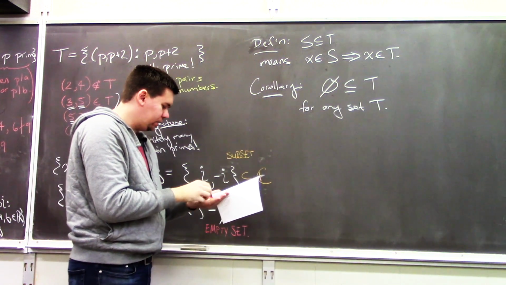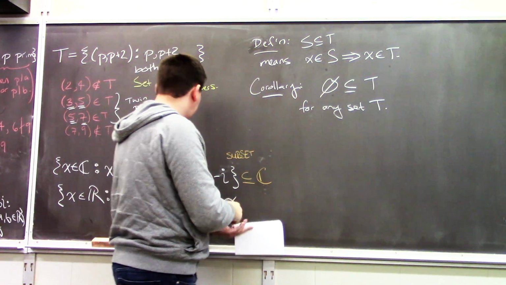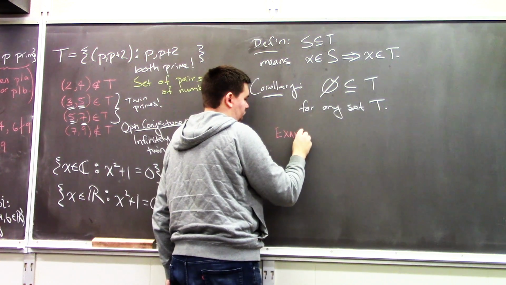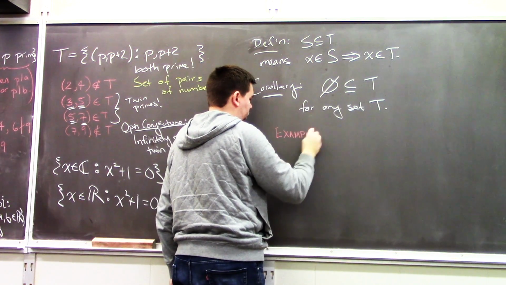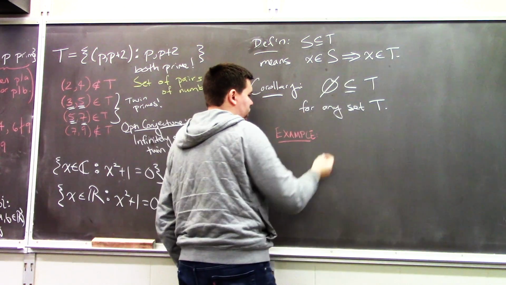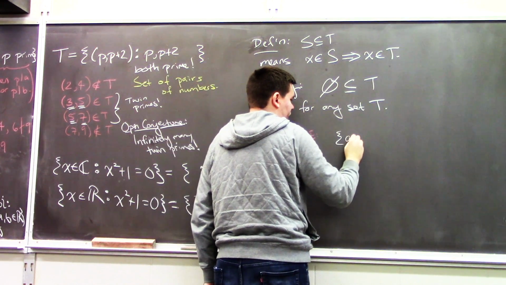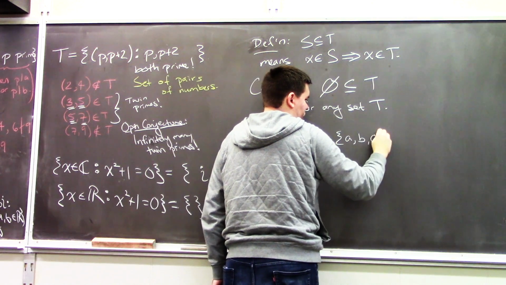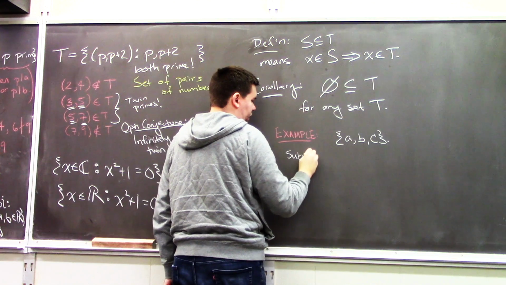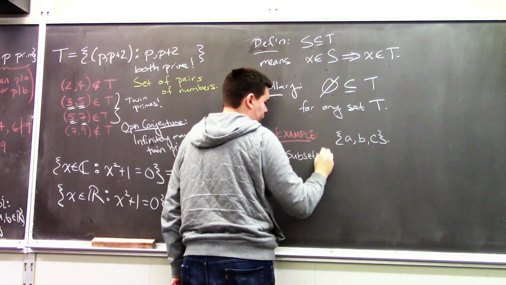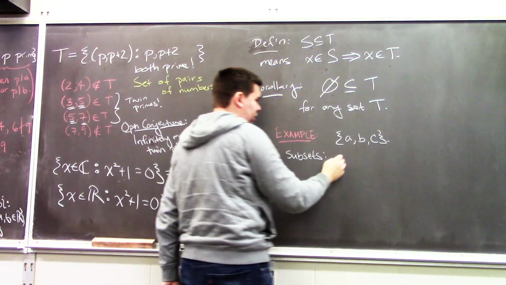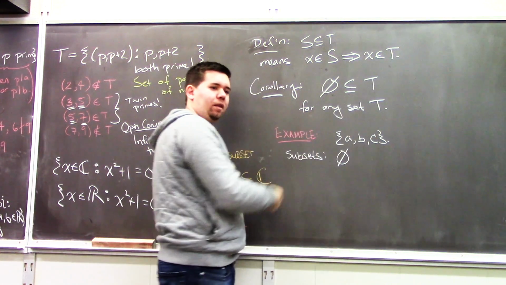So let's just try a little example. I'll put a set, and we can try to find out what are the subsets of it. So let's consider the set with the elements A, B, and C. So let's see if we can find the subsets. Well, we know the empty set's a subset, because it's a subset of anything.